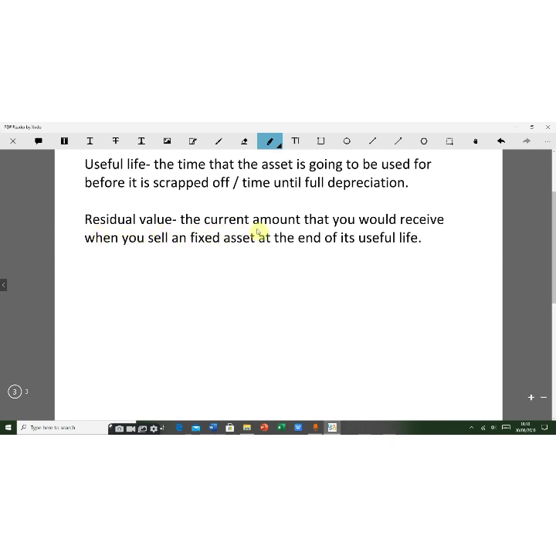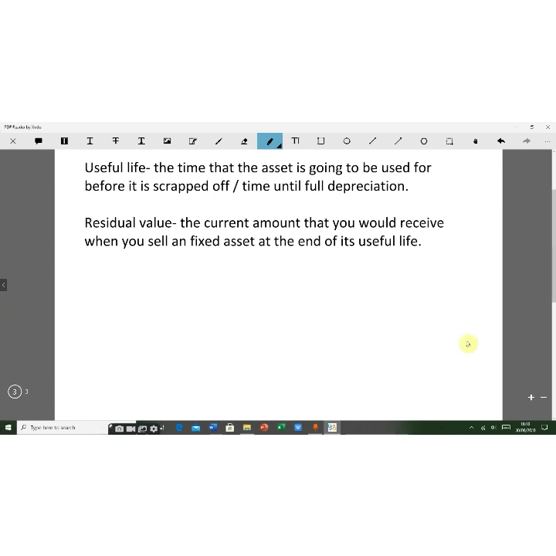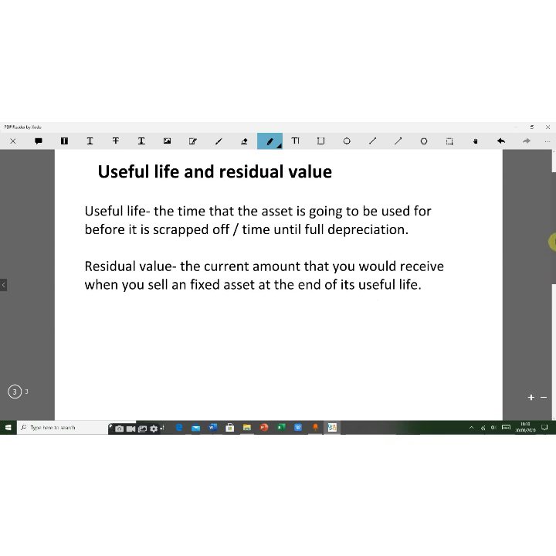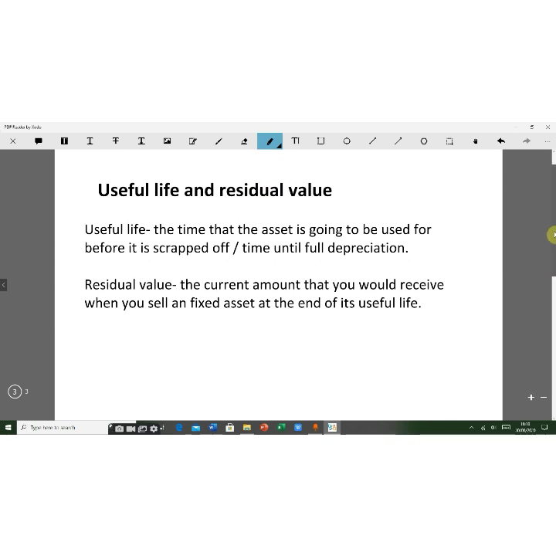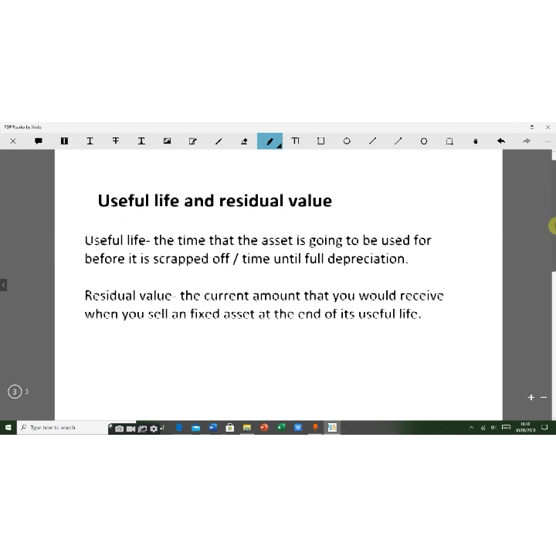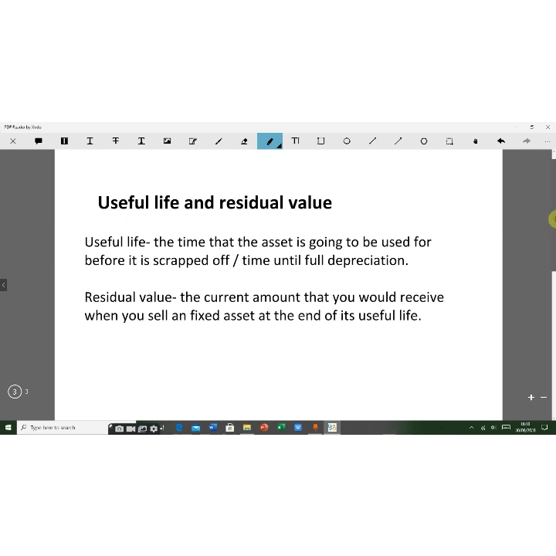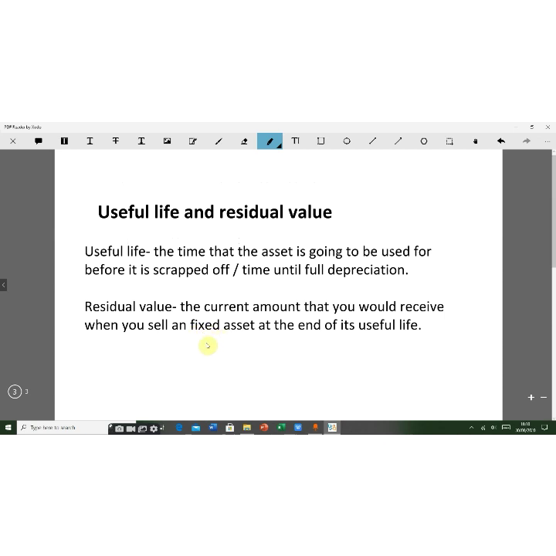The residual value is the current amount that you would receive when you sell a fixed asset at the end of its useful life. So now this essentially means that when you buy a vehicle, you need to know what amount you'd sell it for when you dispose of it. So let's say the vehicle will be sold after 5 years.